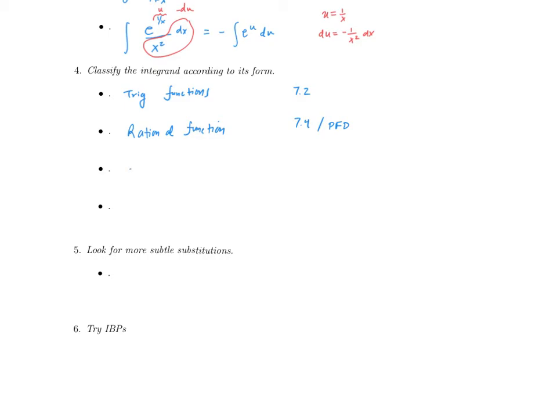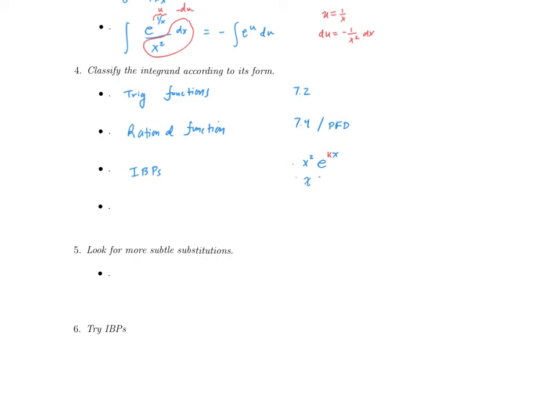Is it one of the standard forms that we've encountered where integration by parts will apply? And recall what those forms are. It could be something like x squared, or really any polynomial, times an exponential. And note, it doesn't have to be just e to the x, it could be e to any constant times x.